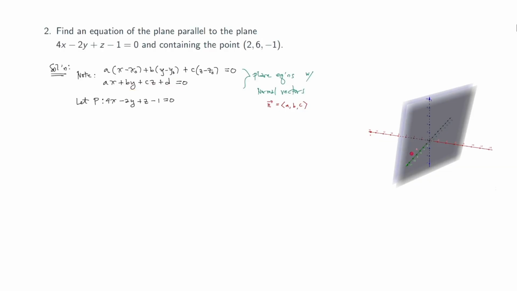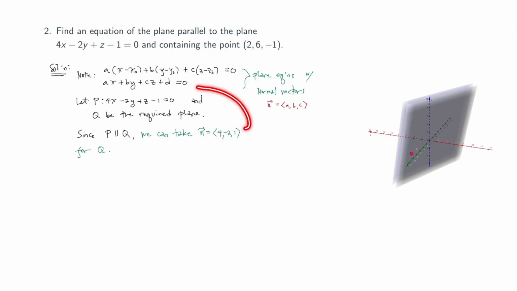We first let P be your first plane, and let Q be your required plane. Since P and Q are parallel, their normal vectors should have the same direction. Hence, we can use this particular normal vector. As we know, a normal vector is not unique, but we can take this one since they have the same direction. So this is the value for A, B, and C for the equation of your plane Q.